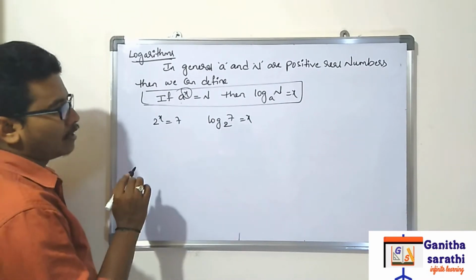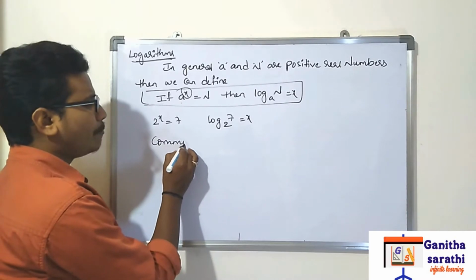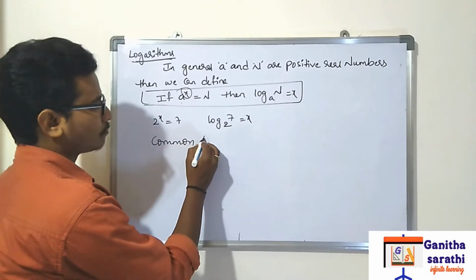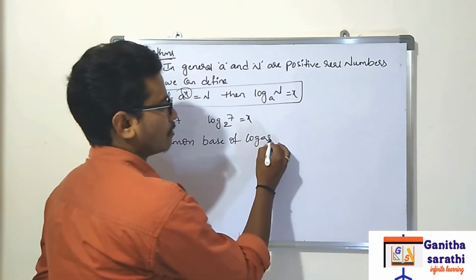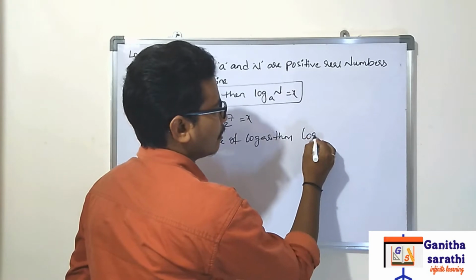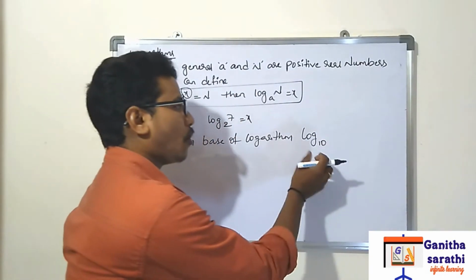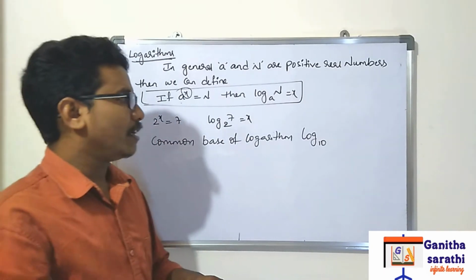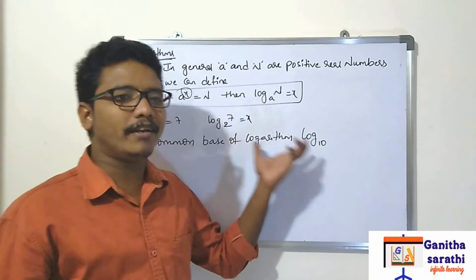Now, remember some of the key points. If you are not given any base for the logarithms, the common base of logarithms is log to the base 10. If log to the base 10 is used to solve the problem, then you can use this one.